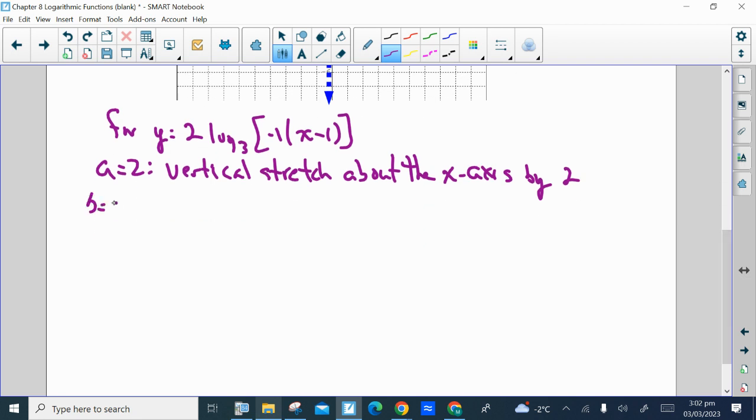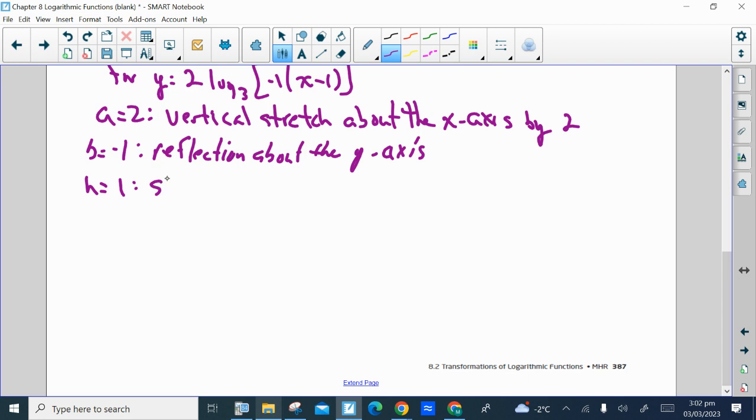We have a b value of negative 1. That's going to cause a reflection about the y-axis. And we have an h value of positive 1, which is going to cause the graph to shift 1 unit to the right.